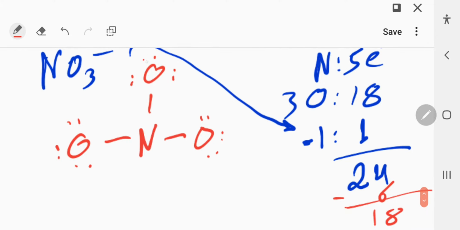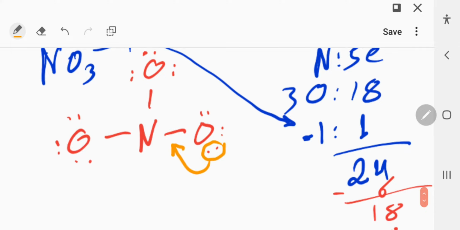And at the same time, if we look at nitrogen, we will see that nitrogen is non-stable. So what should we do here? Same as the previous case, we have to take electrons and turn them into a double bond.